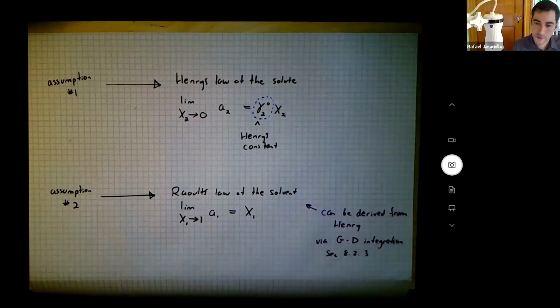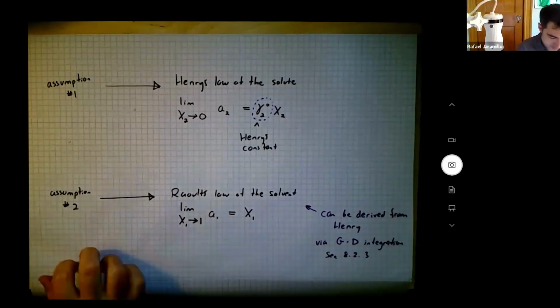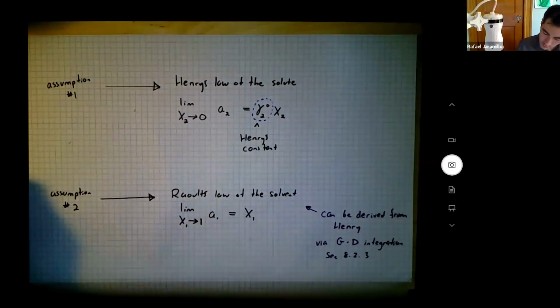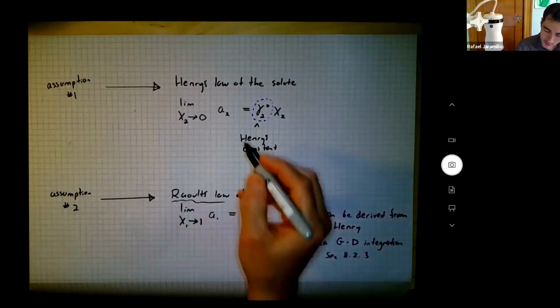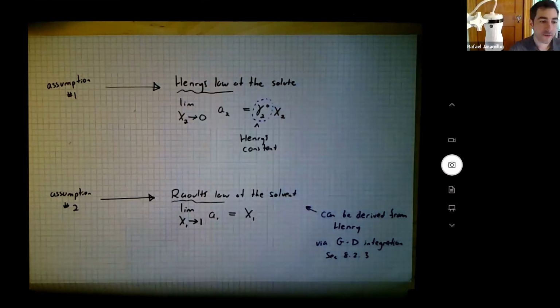Okay, so that's relevant for the P set. Raoult's law of the solvent and Henry's law of the solute. Okay. All right, so let's plot how those look.